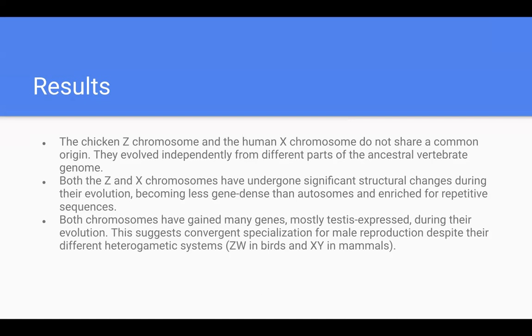Both these chromosomes have also gained many genes, mostly testes expressed, to help in the development and sex differentiation. This suggests that convergent specialization for male reproduction, despite their heterogametic systems, exists in both birds and mammals.